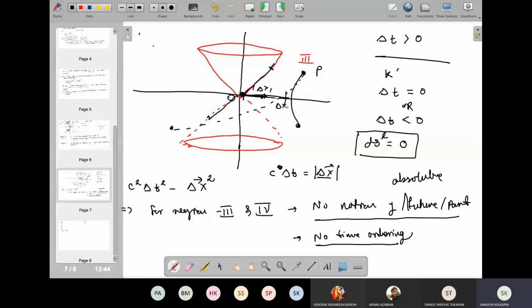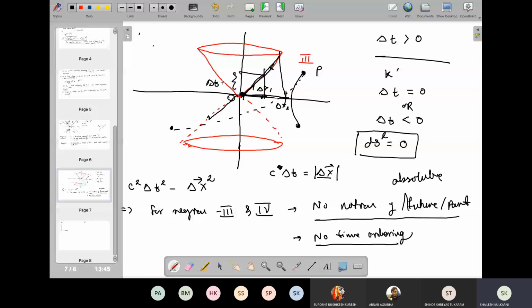If delta x1 is greater than delta x2, then delta t1 will be greater than delta t2. That is inherently taken into account. It's automatic because we are on the line. This event will intersect here, and this will intersect there, so obviously this delta t will be less than that delta t.